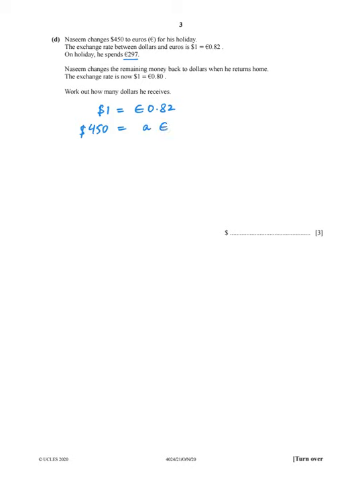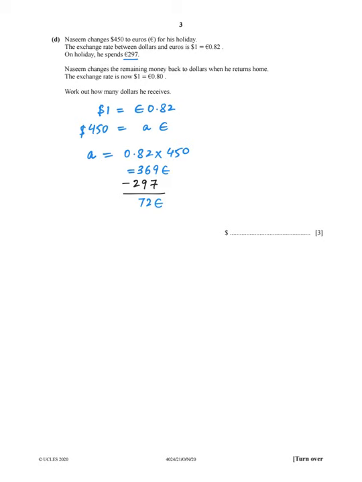By cross multiplication, A equals 0.82 multiplied by 450. So that is equal to 369 euros, right? And of those 369, he spends 297. So I need to subtract 297 from 369, and that is equal to 72. So he is left with 72 euros.